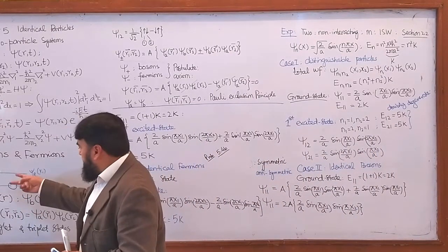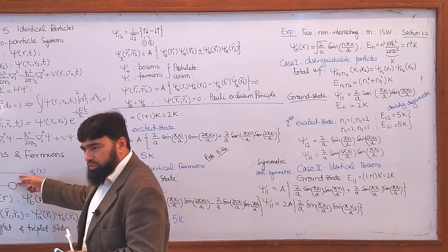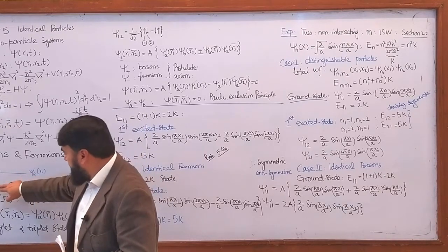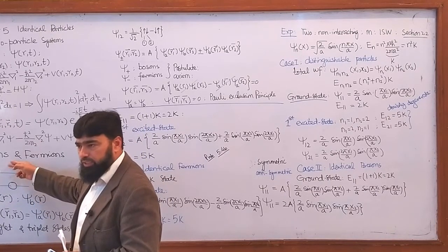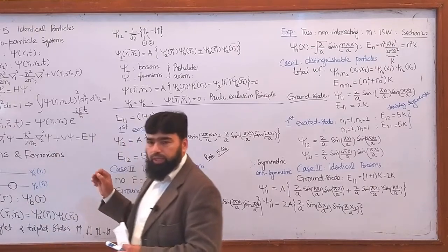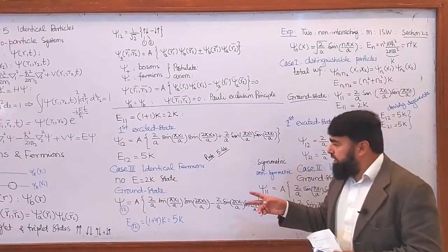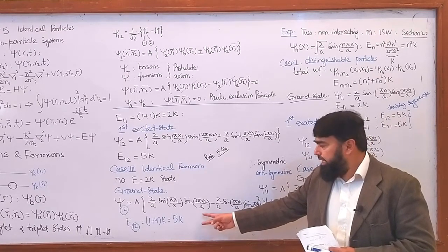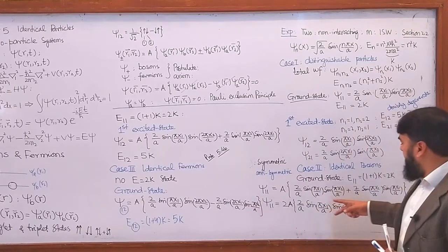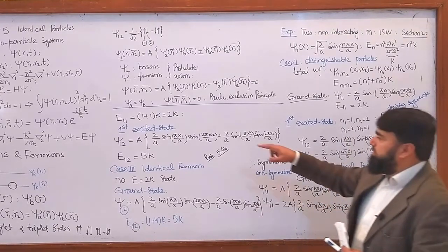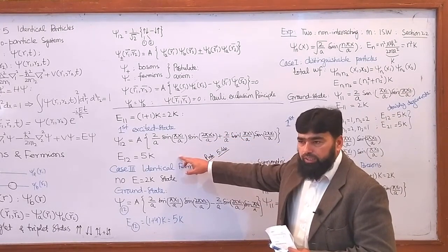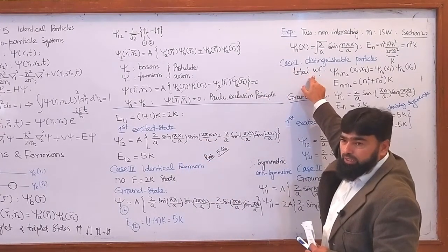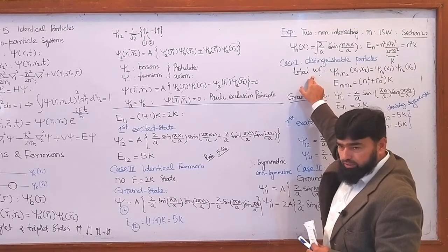Two fermions will be in two different states. You cannot combine them in one state. Either this one or this one. So the ground state of the fermions has the energy equal to the excited state of the identical bosons, to the excited states of the distinguishable particles. You got it? Yes.